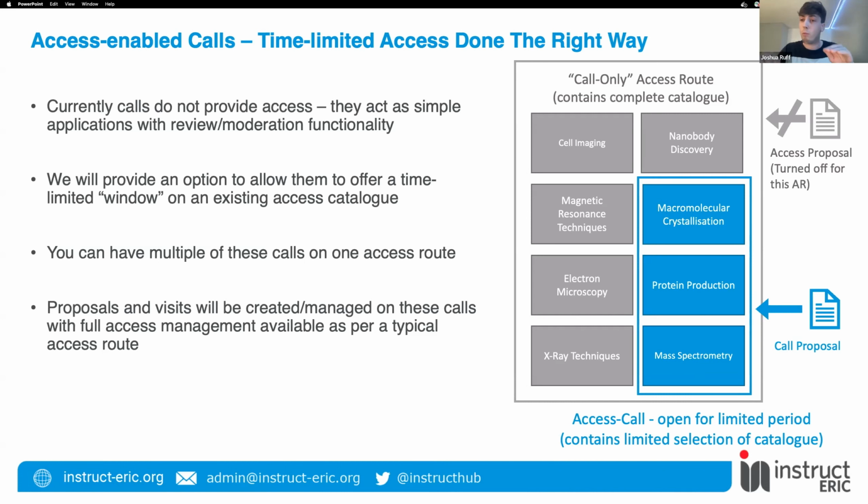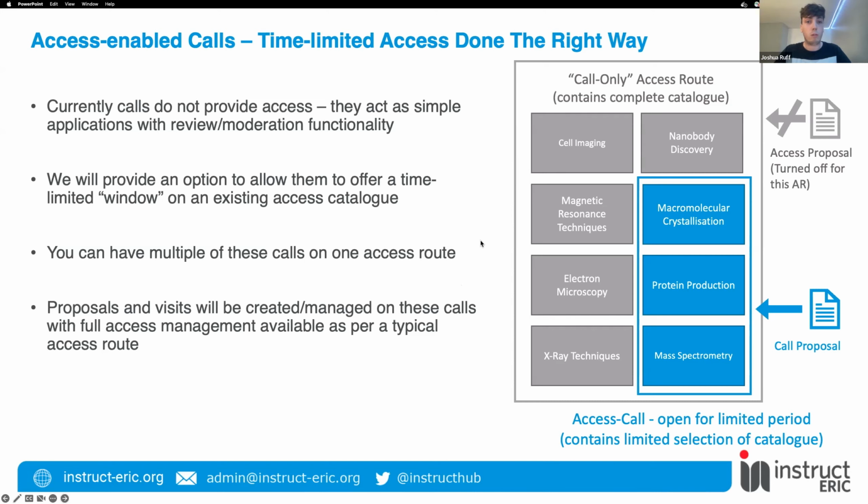And the proposals, as I said, will be unique to each access call in terms of management. So this is something that is in production, and we hope to get out at some point in the future. This will give power to the access admins to set up their own calls rather than it having to be done manually.